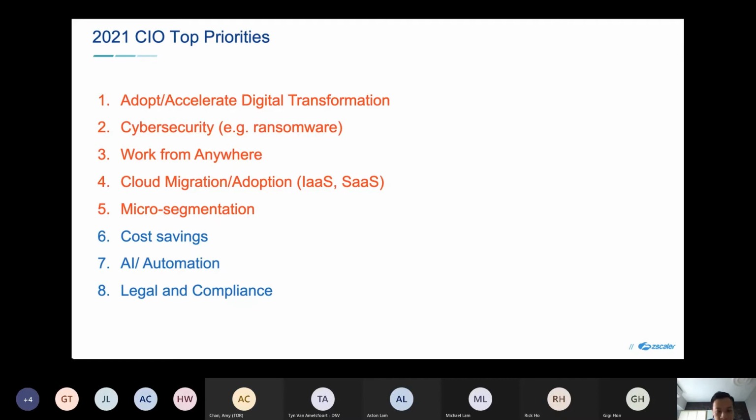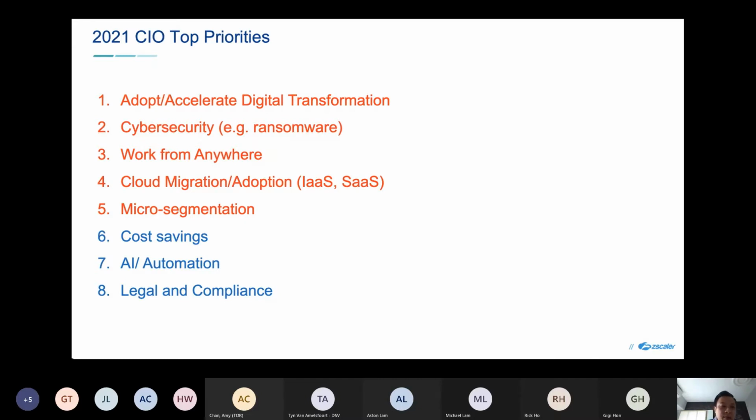Cloud migration, same. And it is actually closely related to item one, digital transformation, because cloud is always one of the ways to adopt or to push digital transformation to make it happen in an enterprise environment. Micro segmentation as well. We are seeing micro segmentation more and more often as a priority in the past 2 to 3 years. And one of the reasons probably is because of the cybersecurity risk from ransomware and other sources.